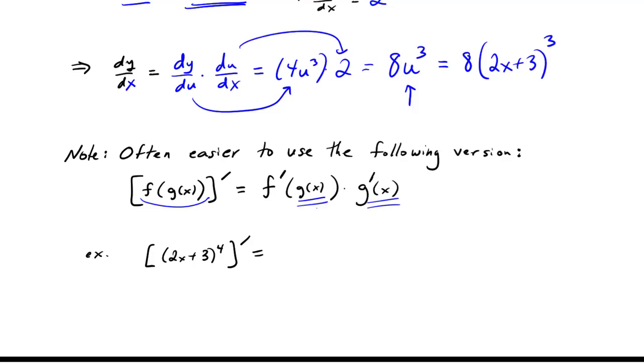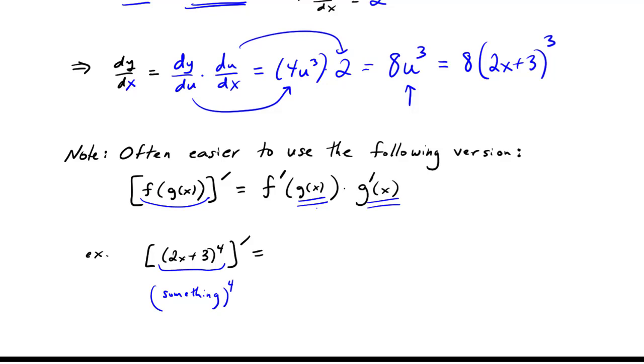Okay, then let's see how this works in this situation. If I want to redo that example, I'm looking at the derivative of 2x plus 3 to the fourth. What I really have to do is identify what is the outer function and what is the inner function. From the most outside look at this, it's basically something to the fourth, where that something inside we'll deal with in a minute.